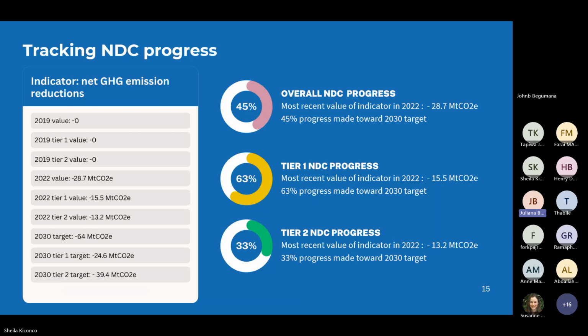We realized that if you look at the unconditional, we have done 63%, and then with the conditional, we have done 33%. And for the conditional, it translates to about 13.2 million tons CO2 equivalent. And then with the unconditional, it translates into about 15.5 million tons CO2 equivalent. Next slide, please.